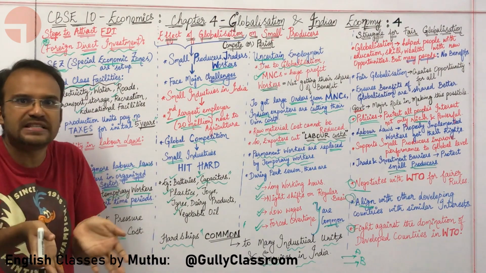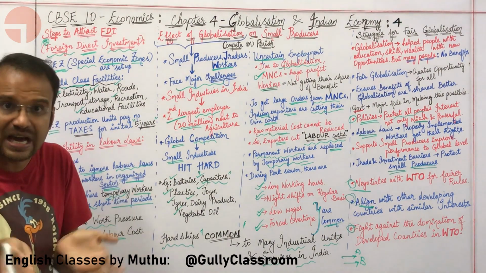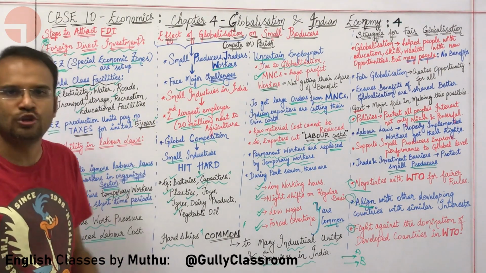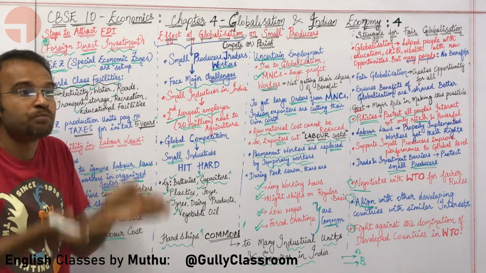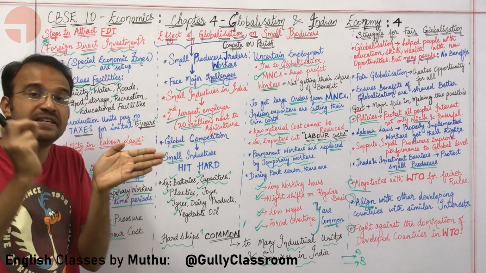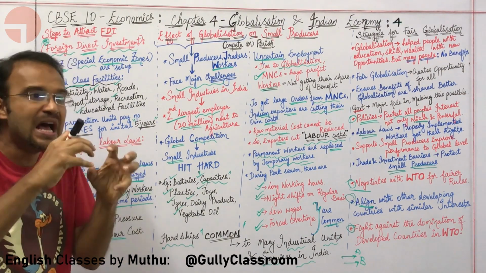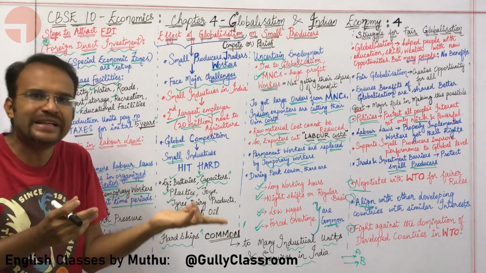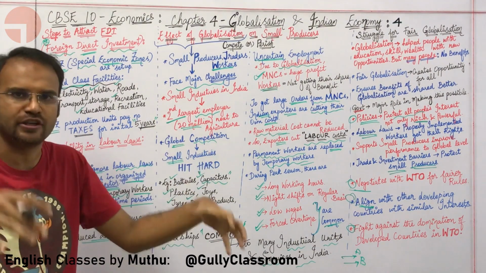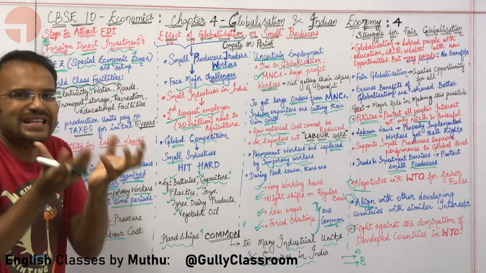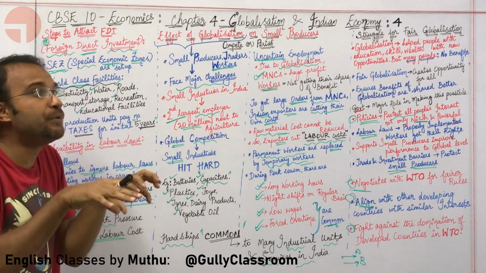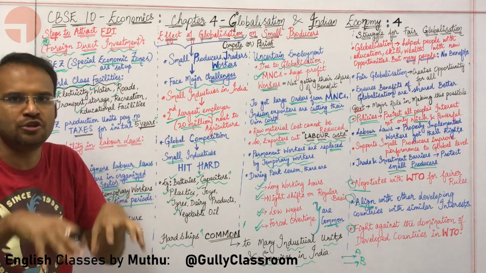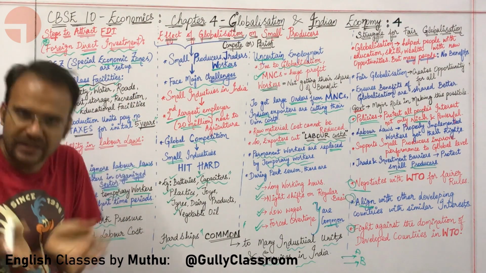All these facilities are created in a particular area so that the MNCs, multinational corporations, can come to India, invest their money, put their production centers in SEZ, and manufacture their product for sales both to the Indian market and also for export. So SEZ is basically an opportunity for the MNCs to set their production units in a well-developed area.